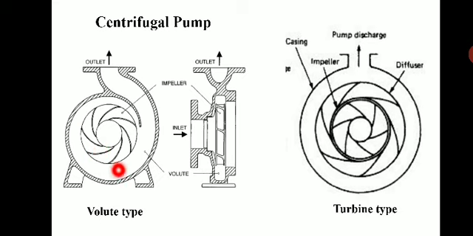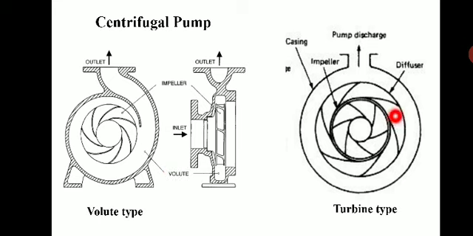You can see the spiral chamber here, and the chamber is designed in such a way that the velocity of flow in it remains uniform. The conversion of velocity head into pressure head takes place in this particular chamber where the impeller is present. So this is the volute type of pump.